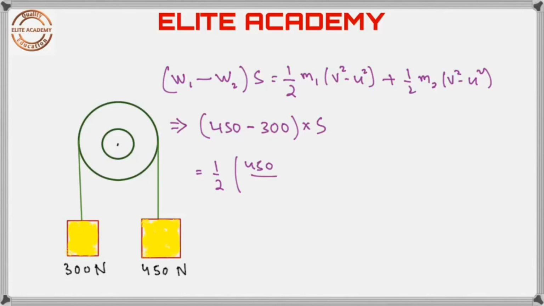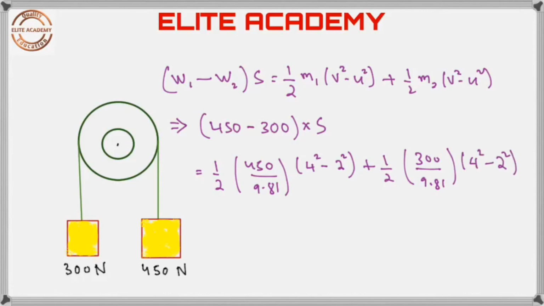Therefore 450 divided by 9.81 into final velocity v is 4. So 4 square minus u square, u is 2 square, plus half into m2. In place of m2 we write 300 divided by 9.81, this is m2 into v square minus u square, that is 4 square minus 2 square.